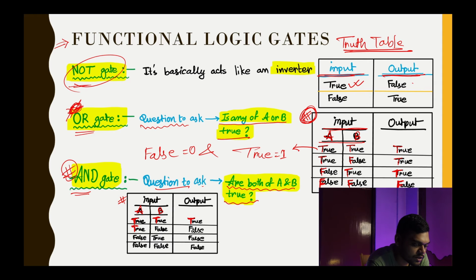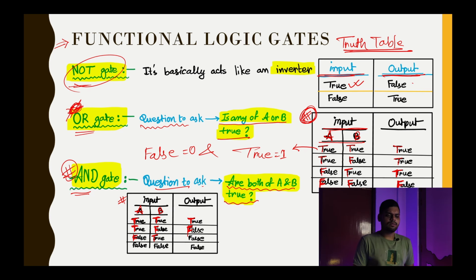For the second input, A is true and B is false. Now the AND gate will again ask us, are both of A and B true? We will say no, because B is false. So the output will also be false. Okay. Now again A becomes false and B becomes true. In this case, the AND gate will again ask us, are both of A and B true?